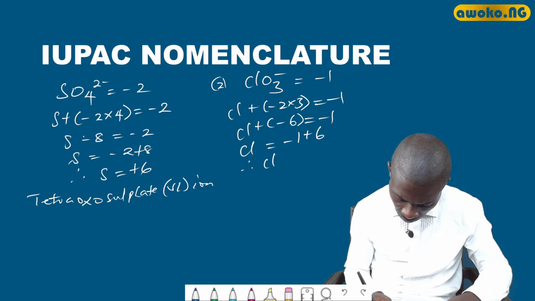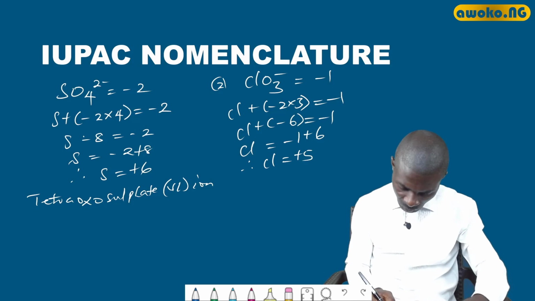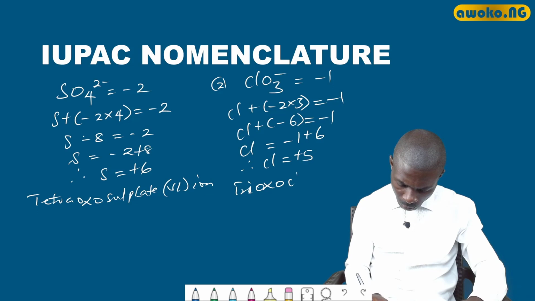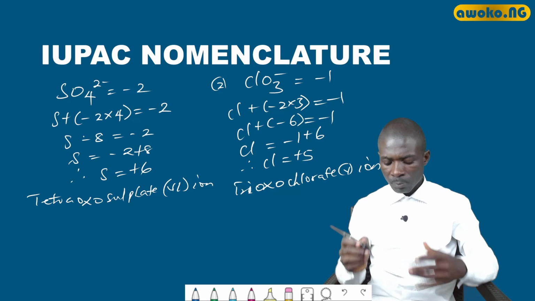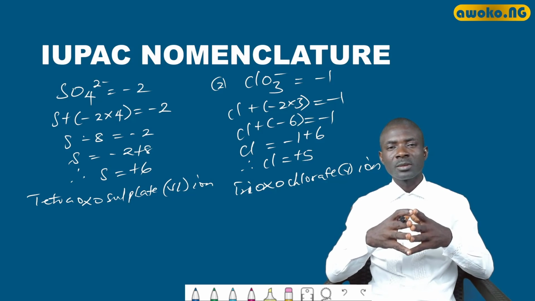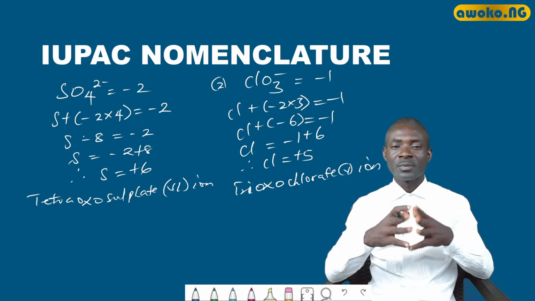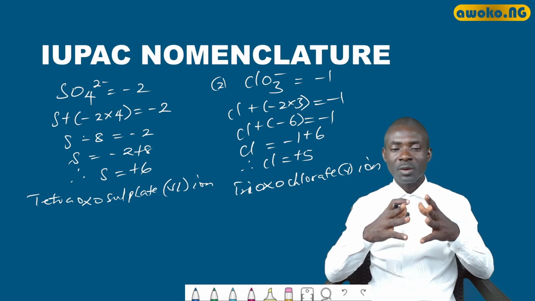Therefore, Cl is equal to +5. So we can simply name this ion as trioxochlorate(V) ion. So these are some of the examples of acids and ions and how they can be named using the IUPAC convention. With this, we've come to the end of this class.